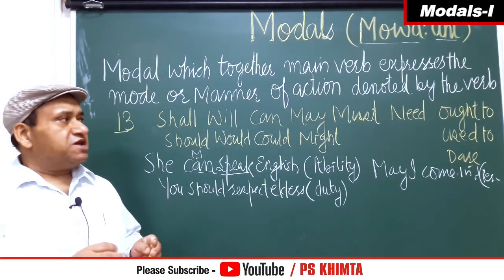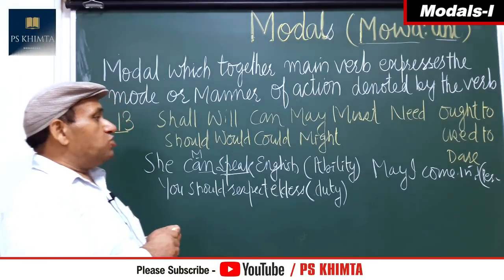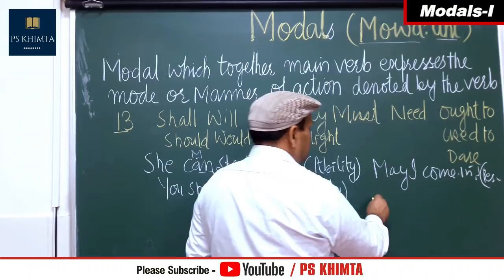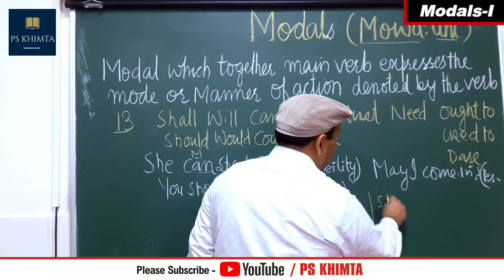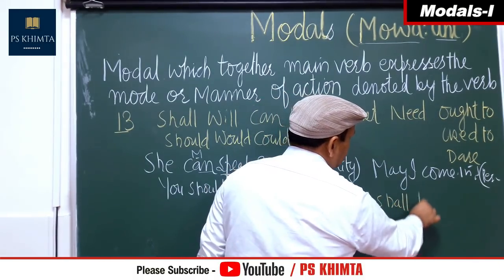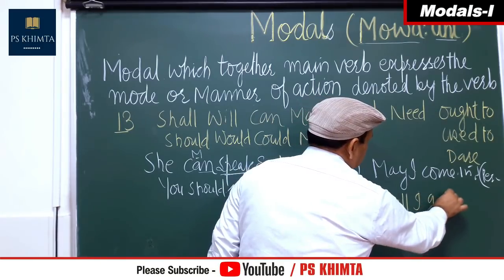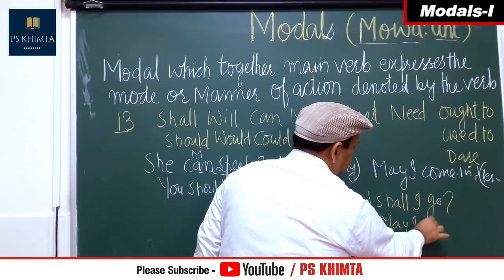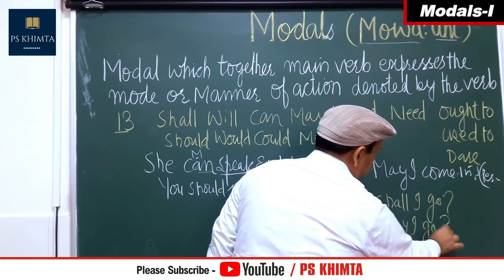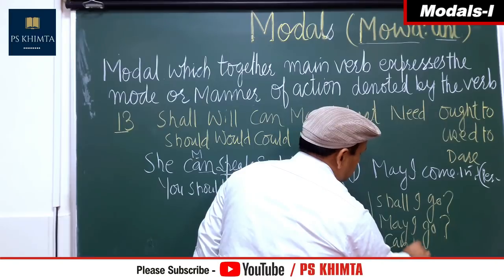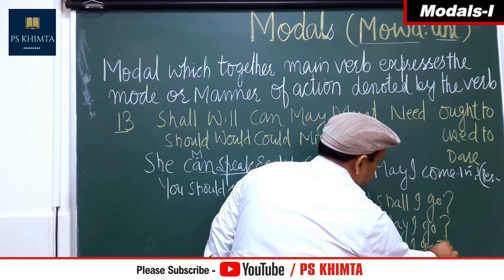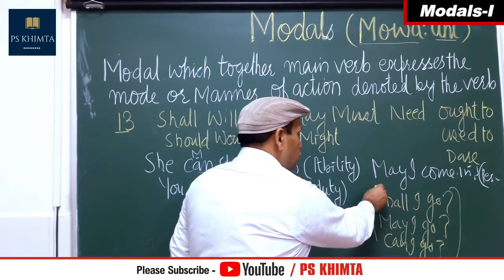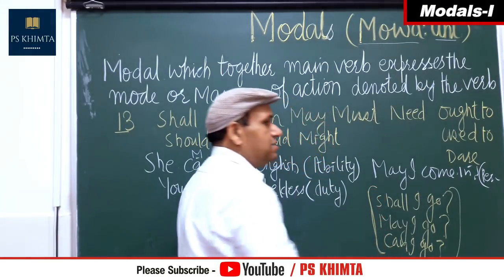So we'll be taking them one by one to see what the difference is. I give you a few examples here. Suppose I note here: Shall I go? May I go? Can I go? Now see all three. Do they carry the same meaning?